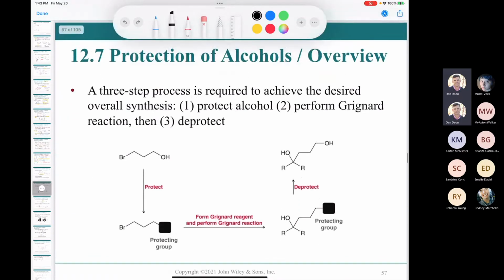How do you protect that alcohol? Well, before we do that, here's the description. What we need to do is a 3-step process. The first thing we need to do is add a protecting group to mask the functionality of that alcohol, to basically prevent the acidic proton from being removed. Then we want to do our Grignard chemistry, still have our protecting group, and then we want to rip it off at the end. Well, let's take a look.